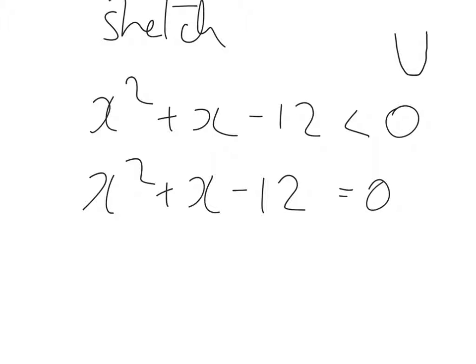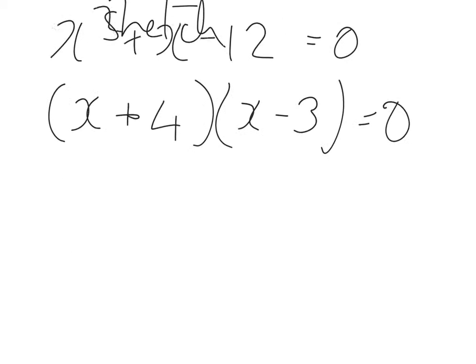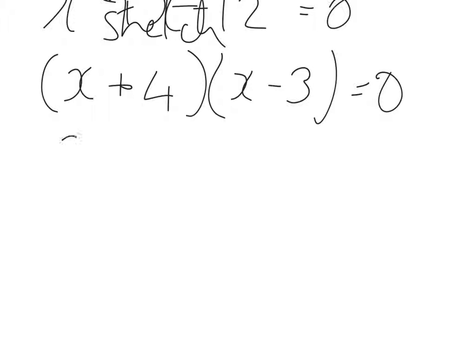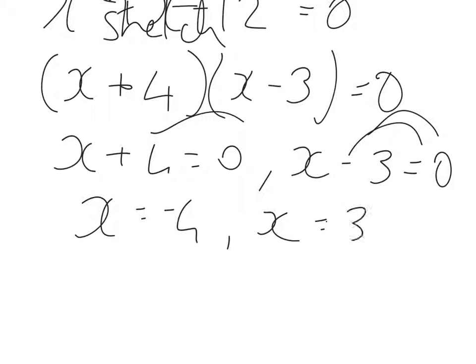So two numbers that multiply to give minus 12 and add together to give plus 1 are going to be x plus 4 and x minus 3. So that gives me x plus 4 is equal to 0, or x minus 3 is equal to 0, and that means I've got a root at minus 4 and a root at 3.